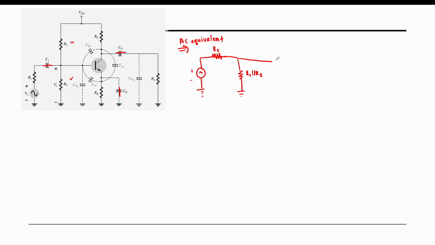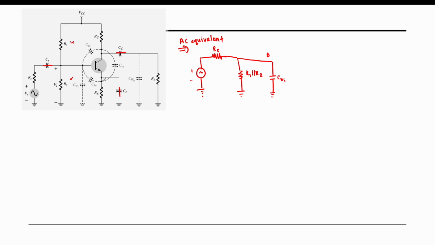What else do we have? We have our wire at the base, so now we go to the base. At the base we have CWI.